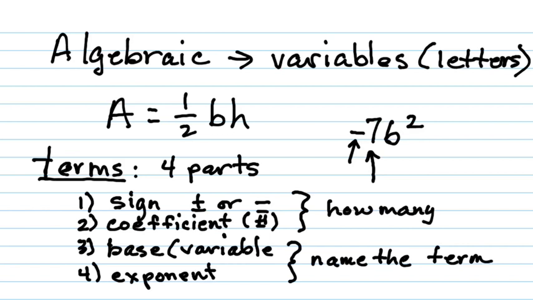A little odd to have minus 7 of something, but you get the gist. The base or variable is the b, and the exponent is the square, or the 2 on there, right? Exponent of 2. And those are the four pieces. If you understand the four pieces, then you know how terms are put together, and then you can work with them, right?